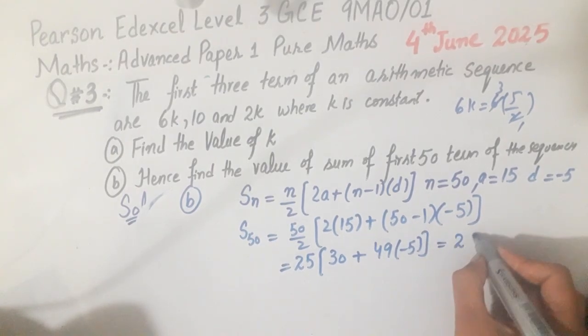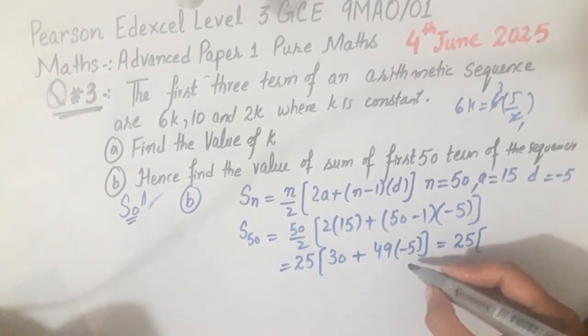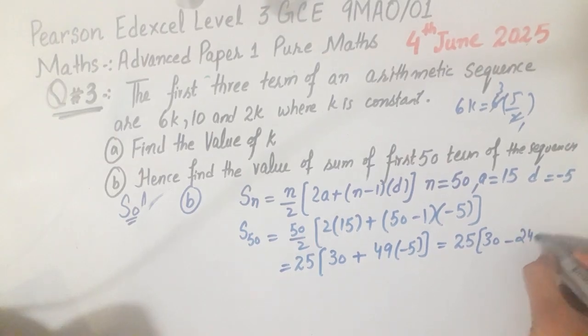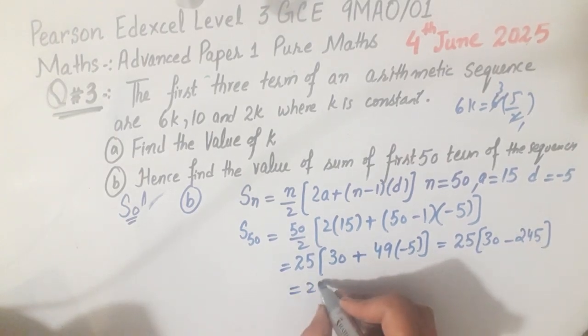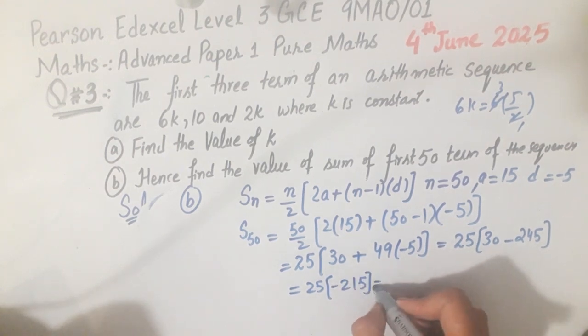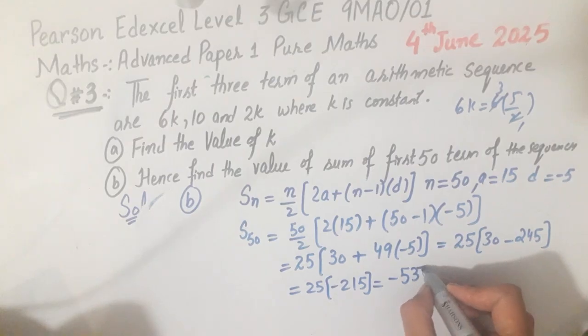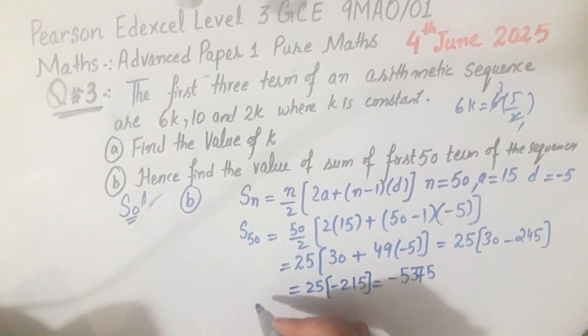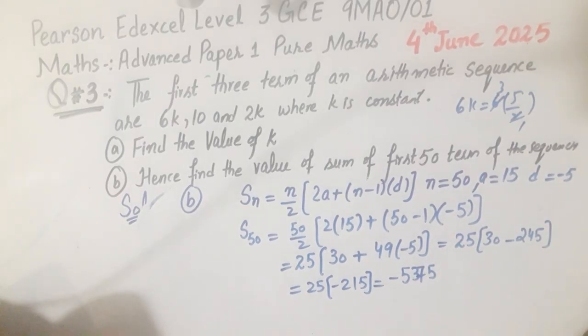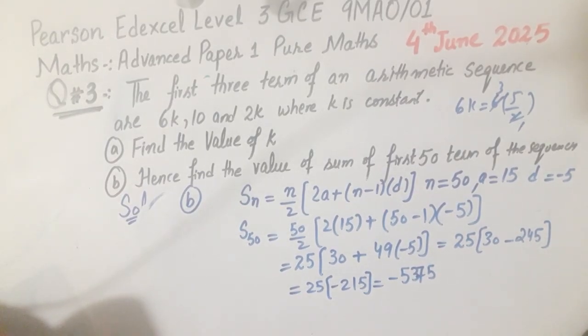So this becomes 25 into (30 minus 245), since 49 into 5 is 245. So we get 25 into minus 215, which is minus 5375. So this is the answer: S50 equals minus 5375.